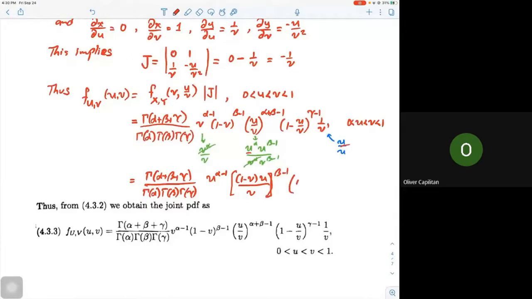Then we have 1 minus UV to the gamma minus 1. And then we have U over V squared.